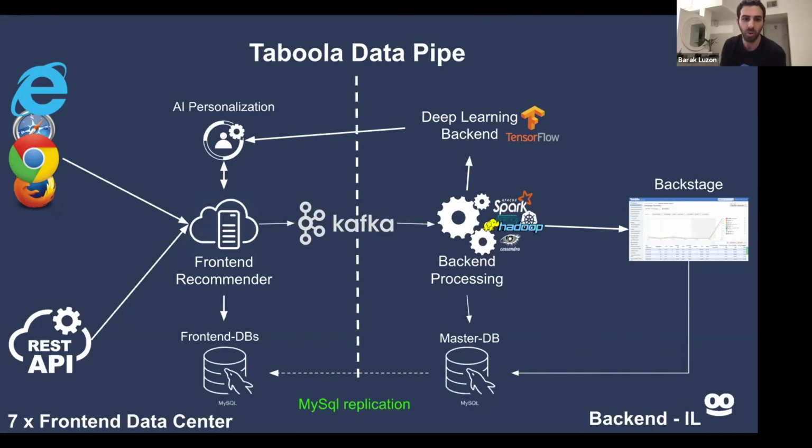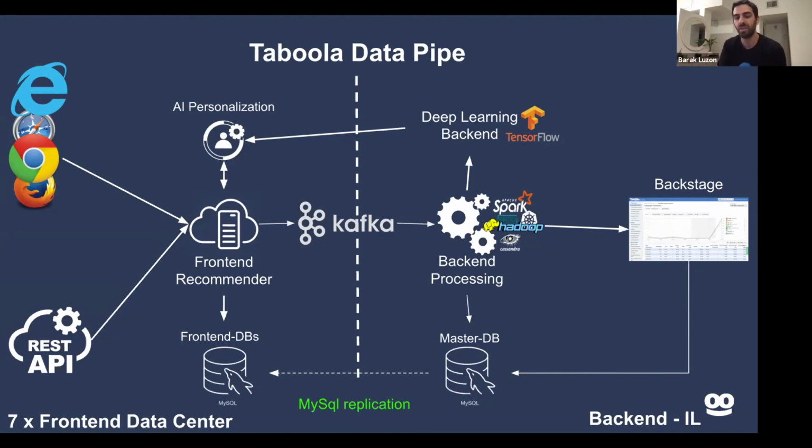We train the model and then we feed it back to the front-end data centers. It decides on a list of thousands of features that close the loop. So you get that reporting back, and then we try to optimize our algorithms to get better recommendations, and that gets written to the MySQL DB, the master DB that we have.